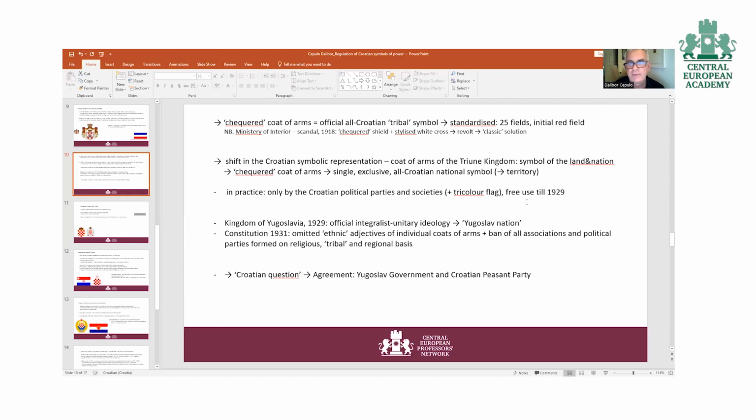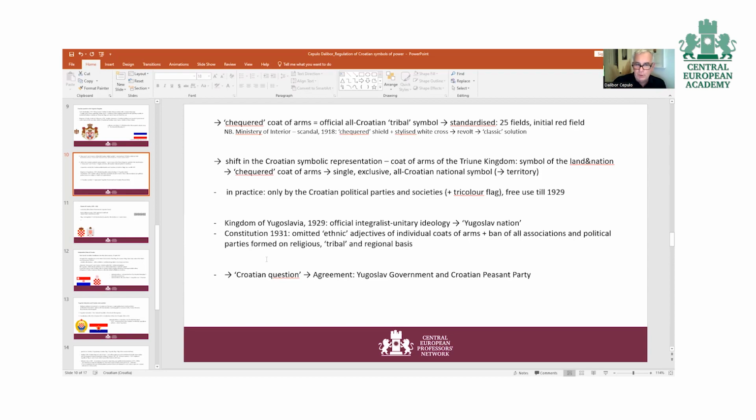The Kingdom of Yugoslavia, proclaimed in 1929, was based on a different basis, an officially integralist unitary ideology and the Yugoslav nation. The Constitution of 1933 omitted the former ethnic adjectives of the individual coats of arms, but in theory it did not ban their use.